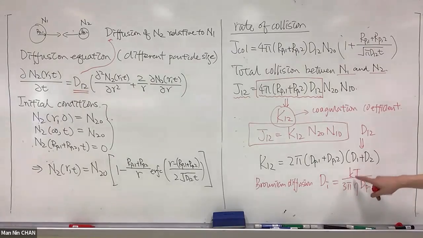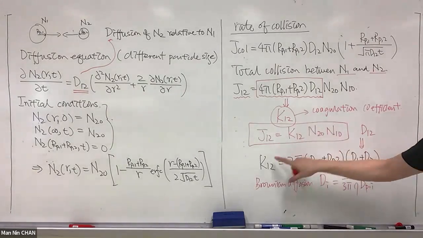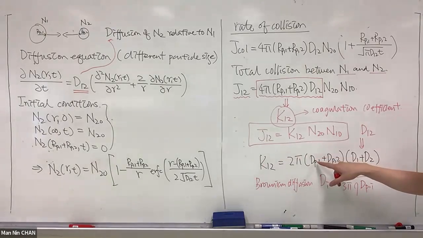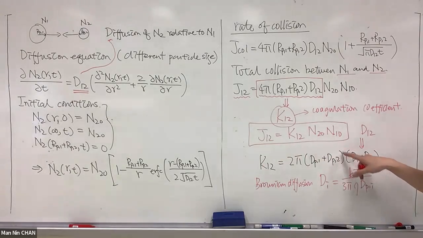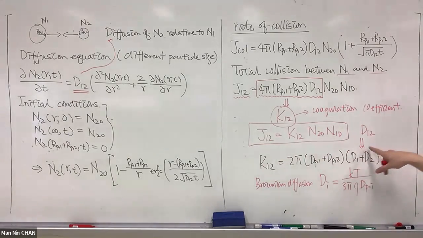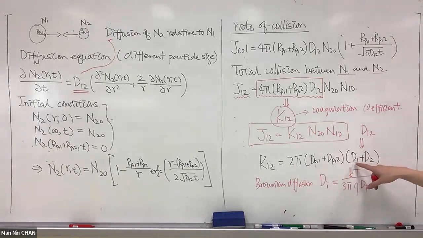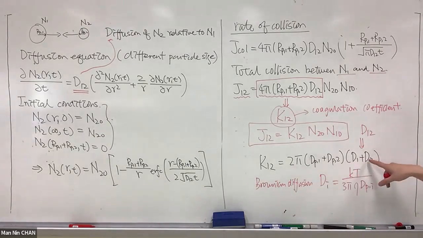So now you can also use this term to calculate your coagulation coefficient, like K12. That would be equal to 2 pi times the particle diameter of your particle 1 and the particle diameter of your type 2 particle, and then you can calculate this D12. Now you know the D12 can be expressed in terms of D1 plus D2, where D1 is the Brownian diffusivity of your particle 1 plus the Brownian diffusivity of your particle 2.